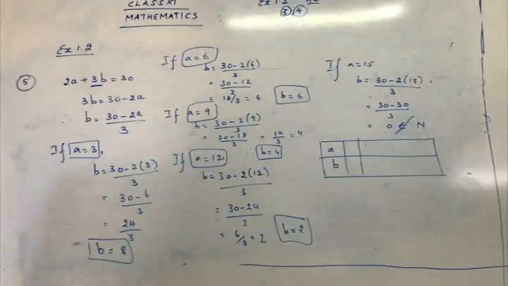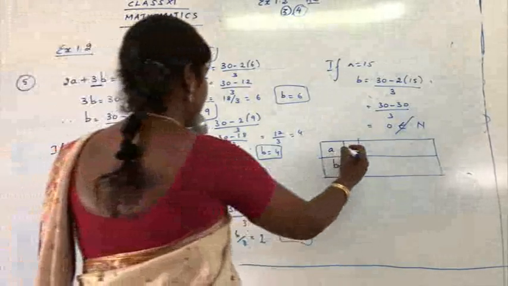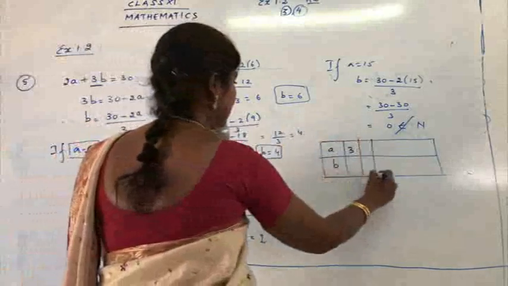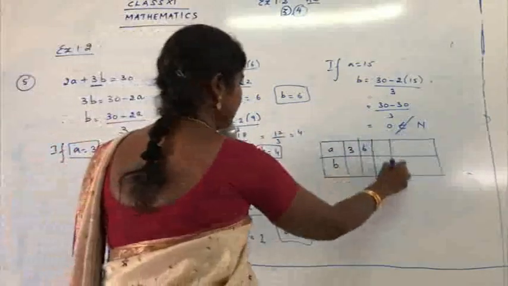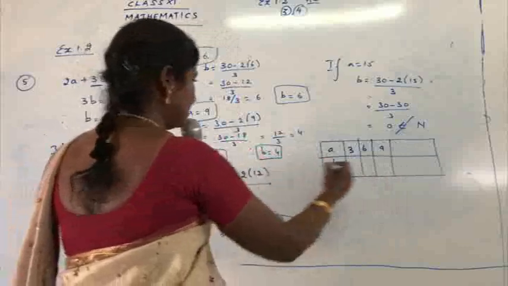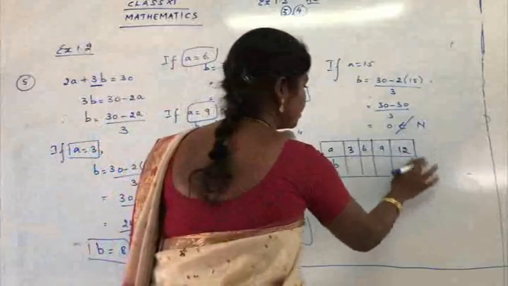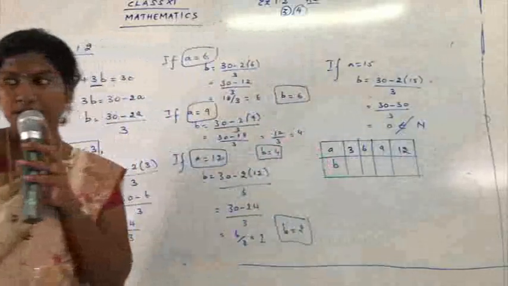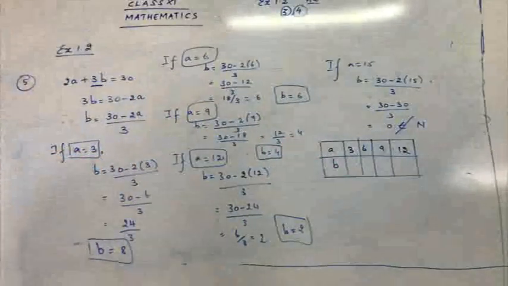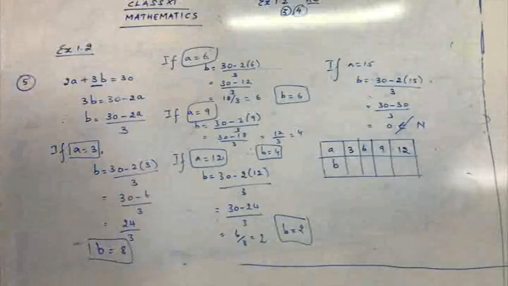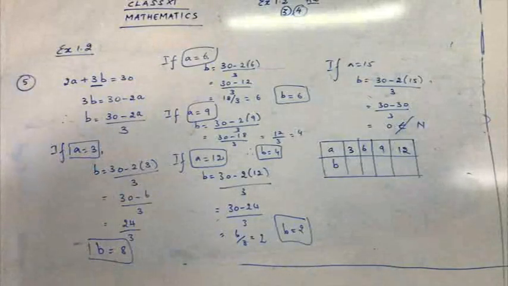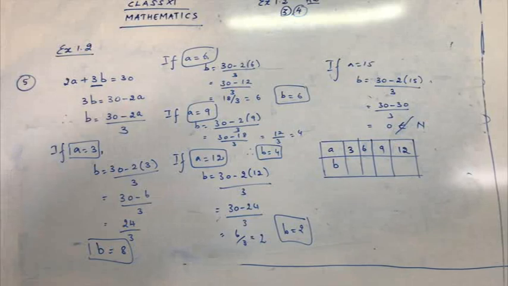I have to just stop at A is equal to 12. So we have here A as 3, we have taken 6, we have taken 9, and we have taken A as 12. So just complete the remaining part. Draw the table properly with a ruler and a pencil. Do not use your pen for drawing lines. You have to use a pencil. Okay. Do it fast.